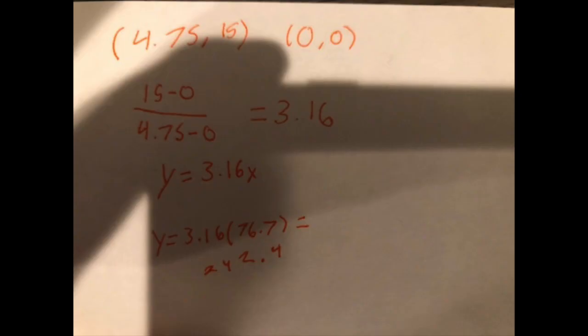The formula for the slope is y equals 3.16x. I was supposed to find, if the student had a metal with a mass of 76 grams, what the predicted metal volume would be.